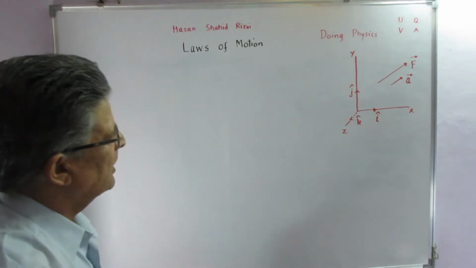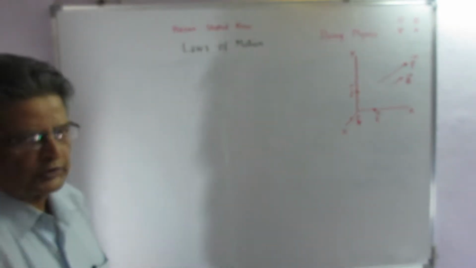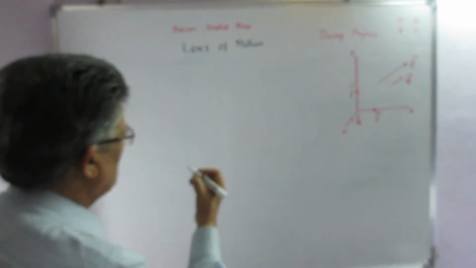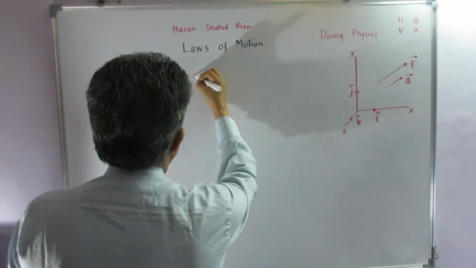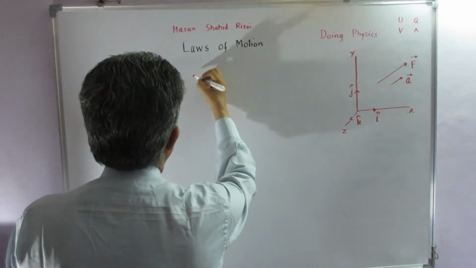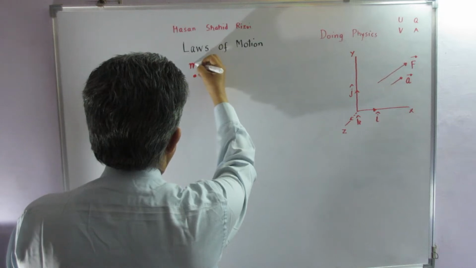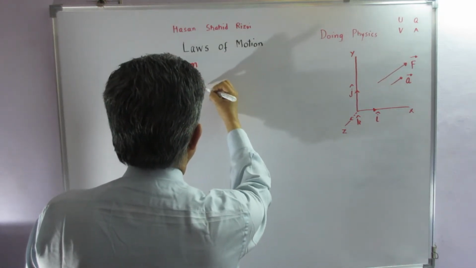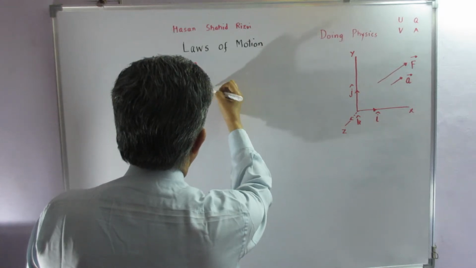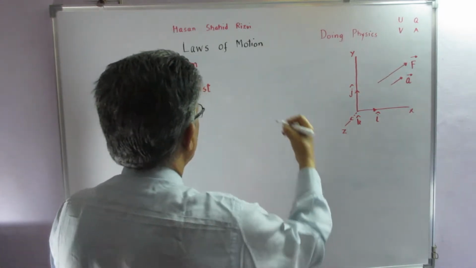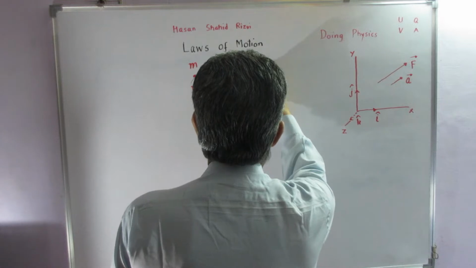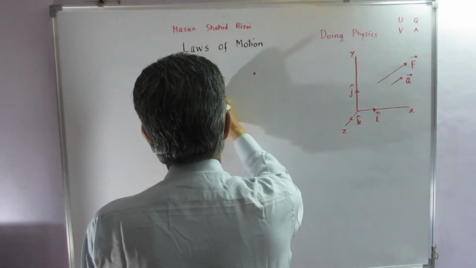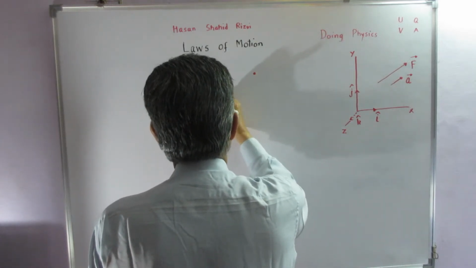Suppose, imagine a universe where you see that a body of mass m in a frame of reference is at rest, and another body of the same mass m has velocity equal to 0.